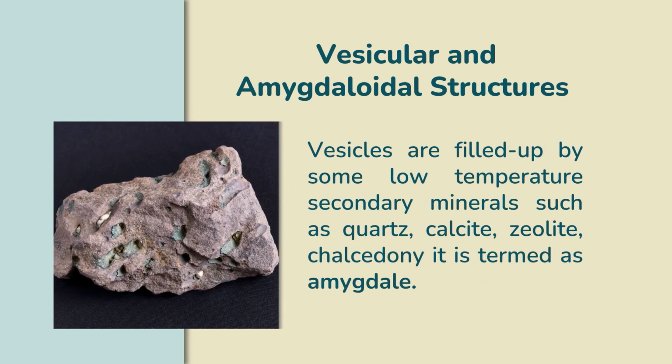Now vesicles later on are filled up by low temperature secondary minerals. They are in the form of solution and get deposited into the vesicles and crystallize in the form of quartz crystals, calcite, zeolite or chalcedony. It is termed an amygdale.